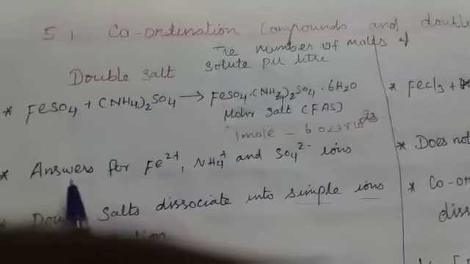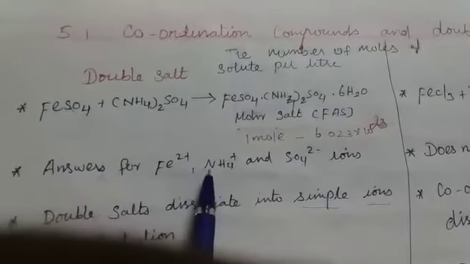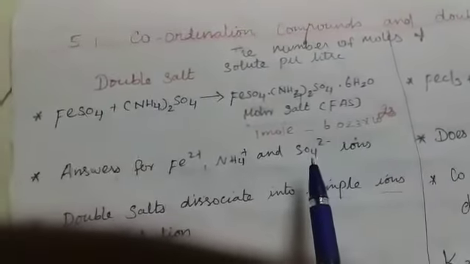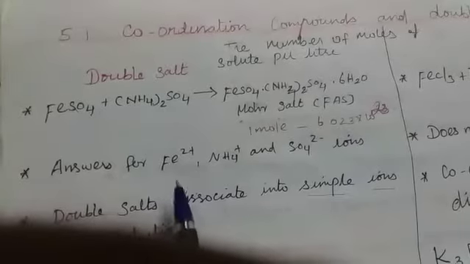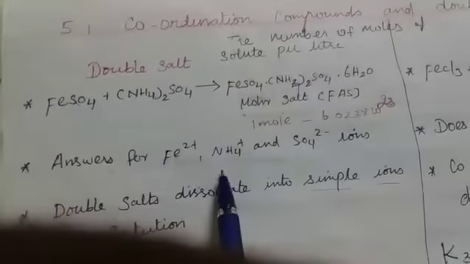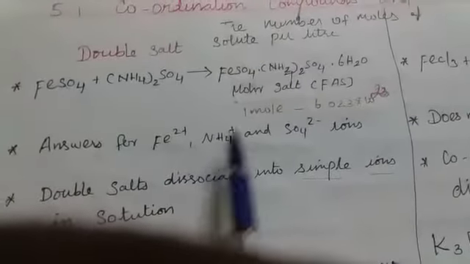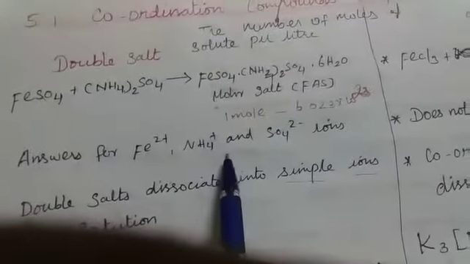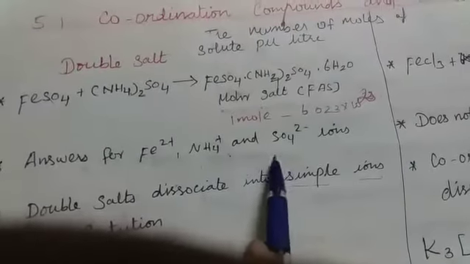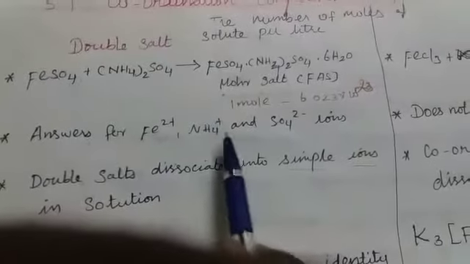Second, it answers for Fe2+, NH4+ and SO4 2-. When you dissolve Mohr's salt in the solution, it breaks into Fe2+, NH4+ and SO4 2- ions. These are the simple ions.